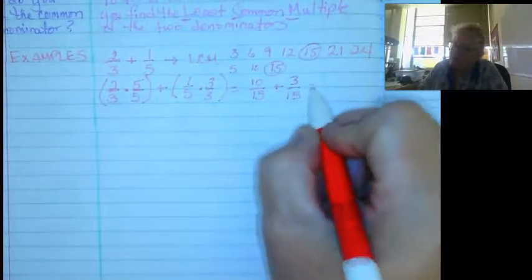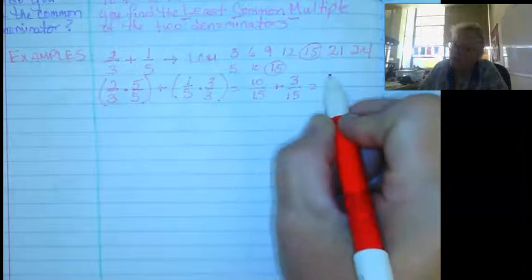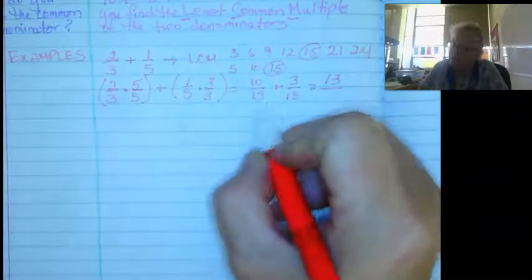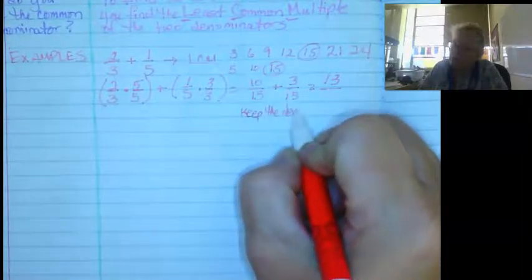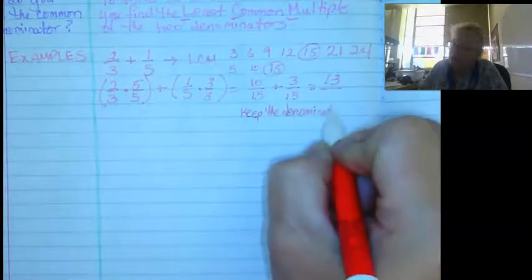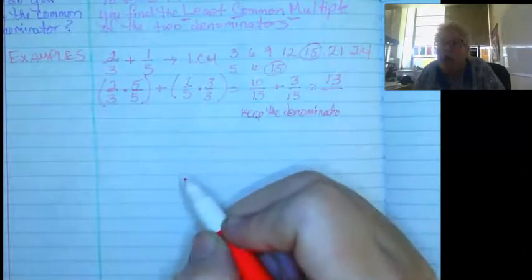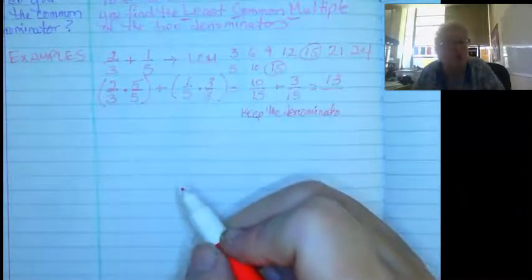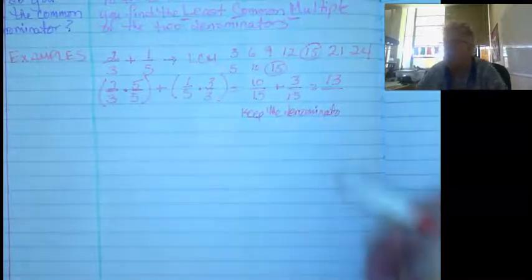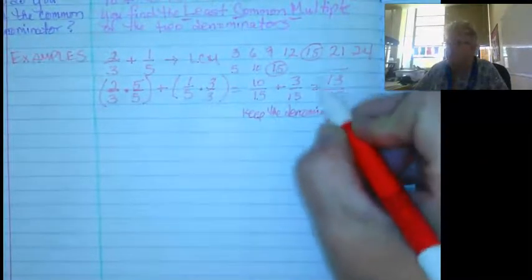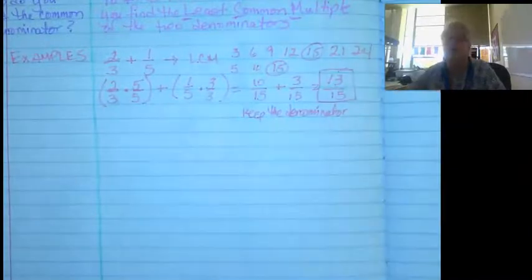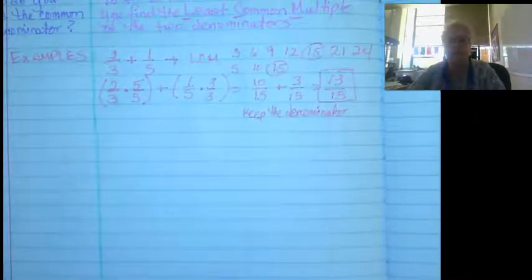So now we can do this: 10 plus 3 is 13. We keep the denominator. We do not add the denominators. Do not. So it's 13/15. So we put a box around that, and there's our answer. Bob's your uncle.